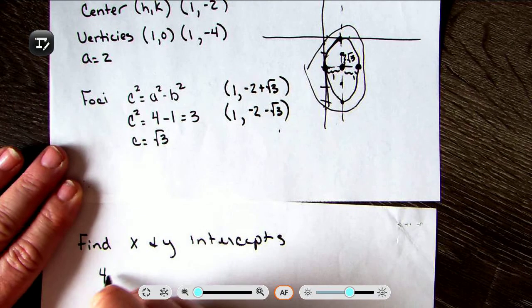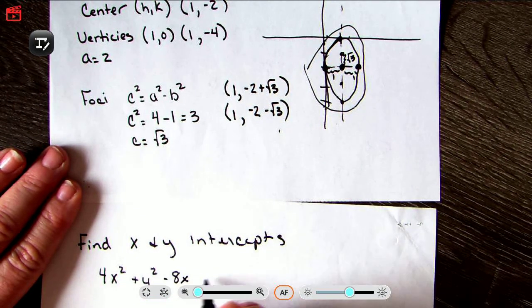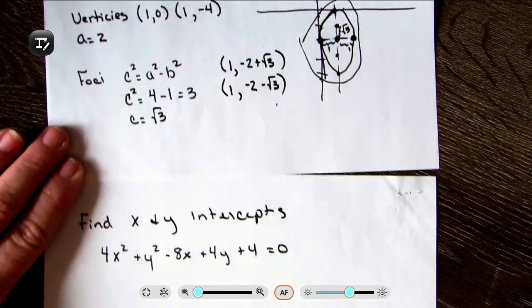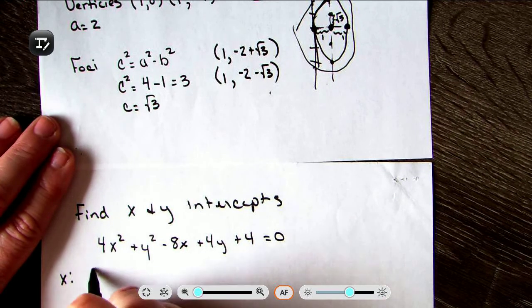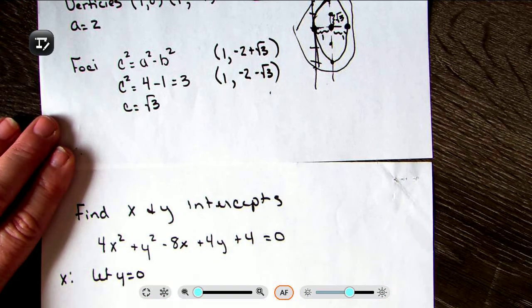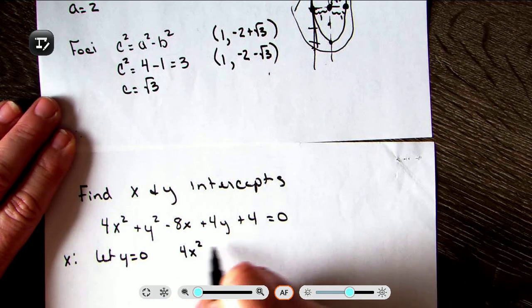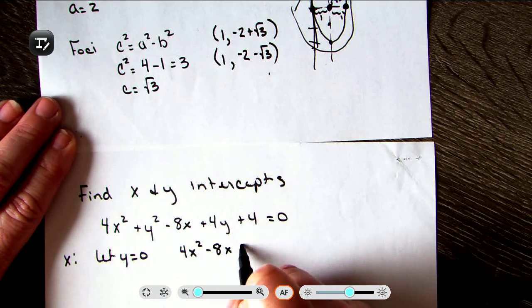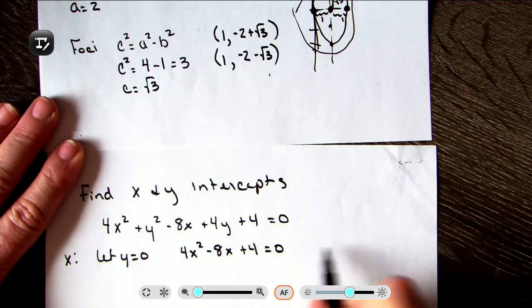So I'm going to go back to the original equation. I'm going to pull it back up here. There was our original equation. And we're going to find the x-intercepts first. So that means we let y equal 0. So that means we have 4x squared minus 8x plus 4 equaling 0. I'm going to divide everything by 4.